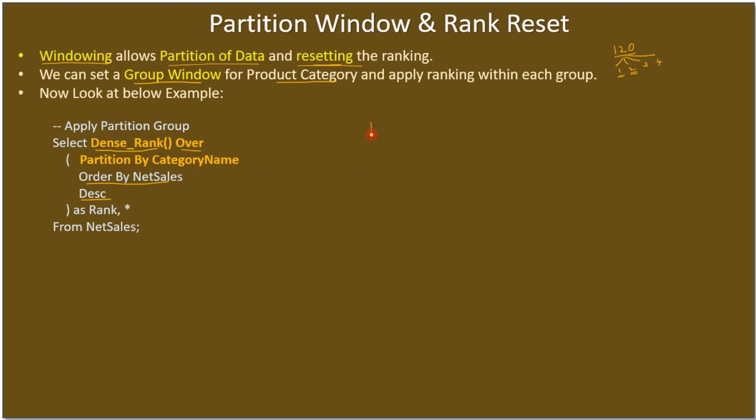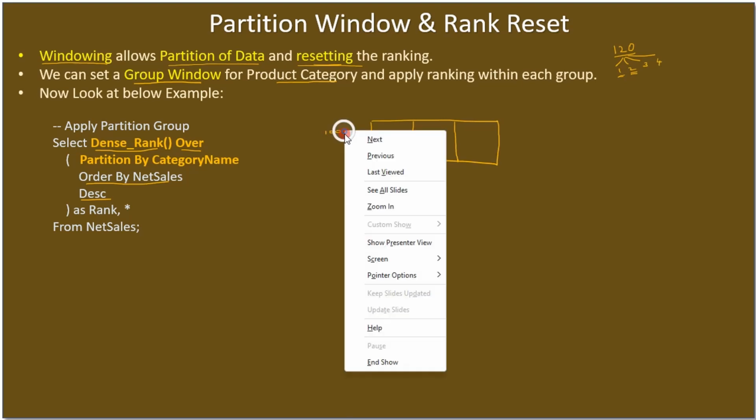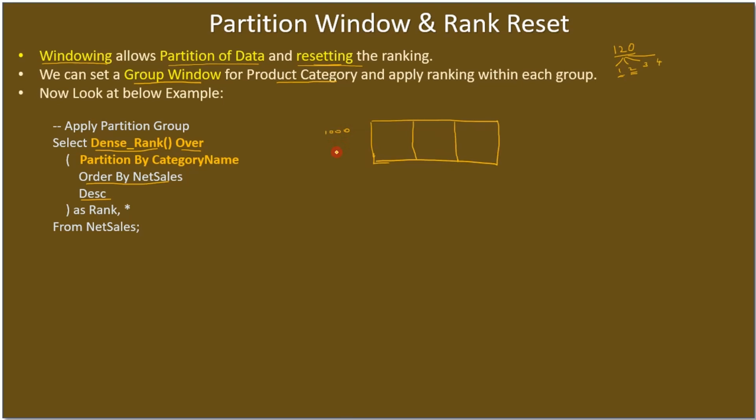So what happens now? Let's take that we have 5 categories. For simplicity, let's take only 3 categories. The ranking will be performed based on net sales, in descending order. For example, if the highest net sales is 1000 and the lowest one is 2, then based on this net sales value, ranking will be applied within this group.